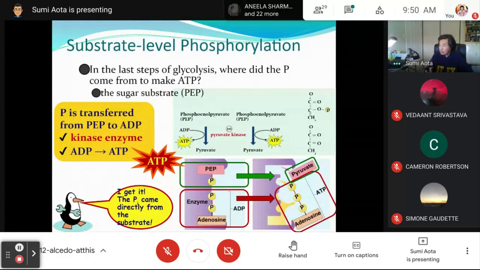This is important because there are, in fact, two kinds of phosphorylation in cellular respiration. This one, substrate level, and the fourth stage, which is called oxidative phosphorylation. Based on that name, what do you think is involved in the transfer of phosphates in oxidative phosphorylation? It's not a substrate, obviously.